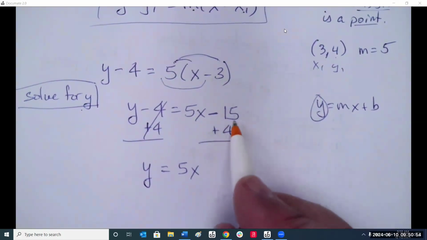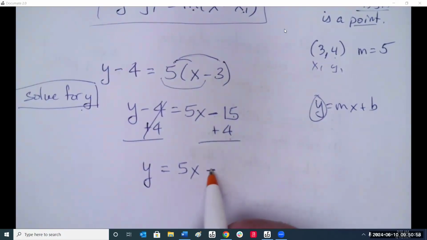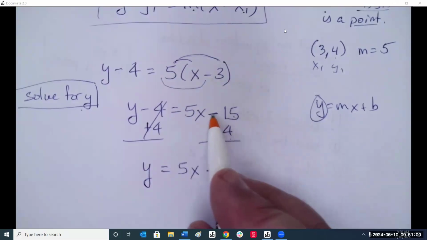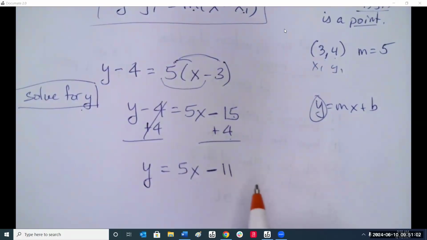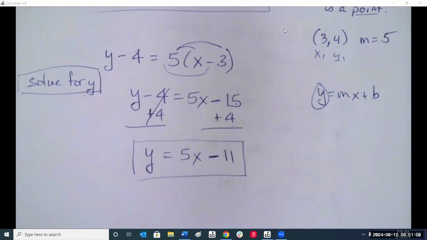Negative 15 plus 4. 15 is bigger than 4. 15 is negative, so the answer is negative. 15 minus 4 is 11. And so there we have it in our slope-intercept form. There's our slope, there's our y-intercept.